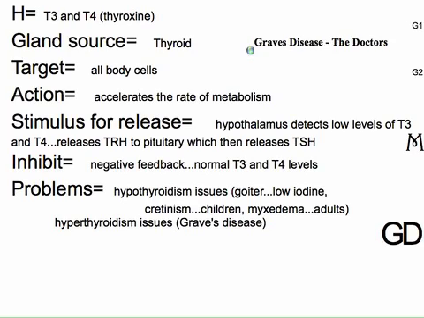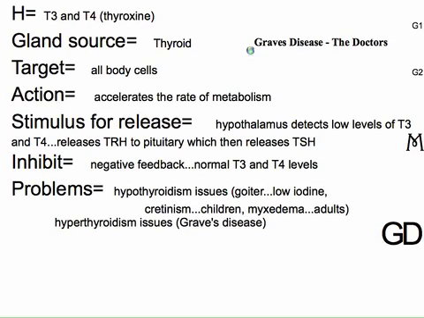So we do have individuals that have problems with their thyroid gland, and it may not necessarily be their thyroid gland, it could be the pituitary gland, and we'll talk about that later. But you can have hypothyroidism or hyperthyroidism. And there's a few different types of hypothyroidism and issues that can arise from that.